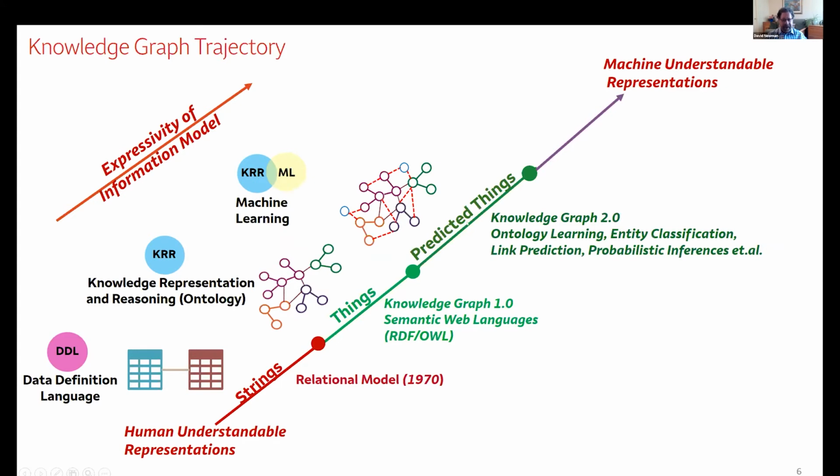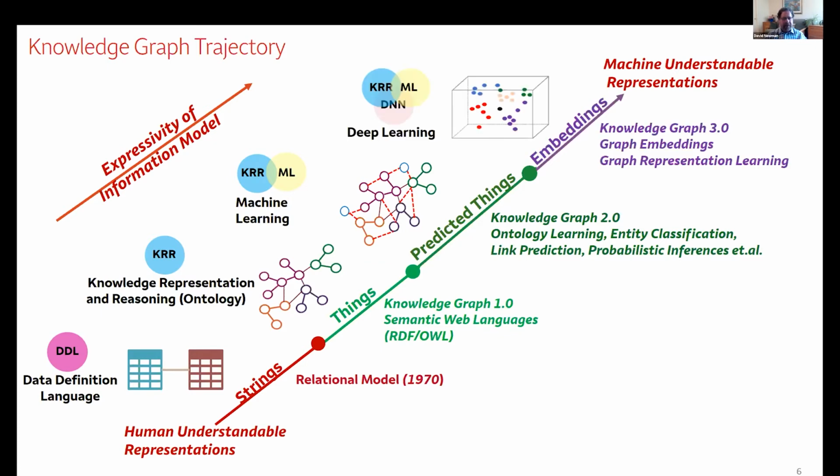We then move up the stack to what we'll call knowledge graph 2.0, which begins to converge with machine learning with ontologies, where we could now move from things, which Google termed "things not strings," to predicted things, where we could use machine learning to predict various new classifications, new inferences that we could link back into the knowledge graph. And it's much easier to link this information into a knowledge graph because of these first-class objects, these nodes, than in a relational table.